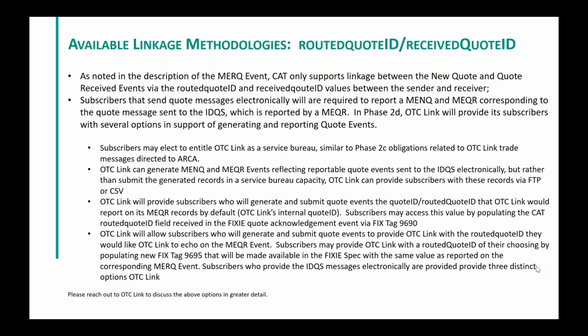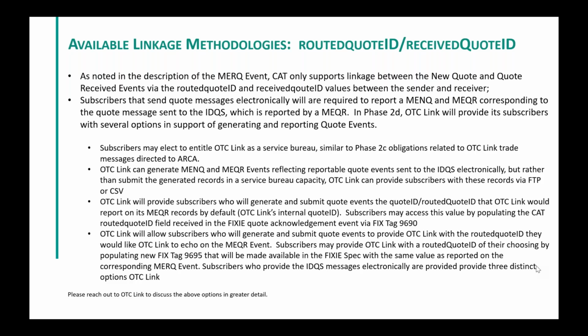There's a field within the CAT specs called the duplicate routed order ID conditional flag that borrows from the order side that allows the same routed order ID to be repeated on an order modification. That same concept is borrowed here. So any time a quote is modified or updated, the quote ID as well as the routed quote ID can persist throughout the entire quote lifecycle.